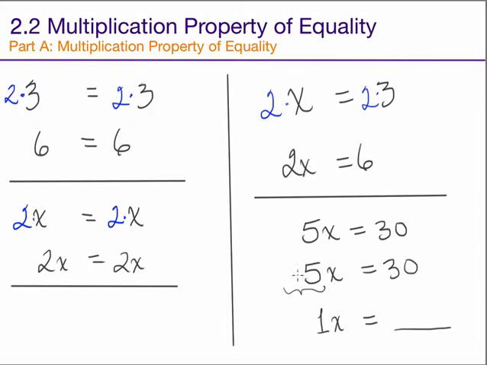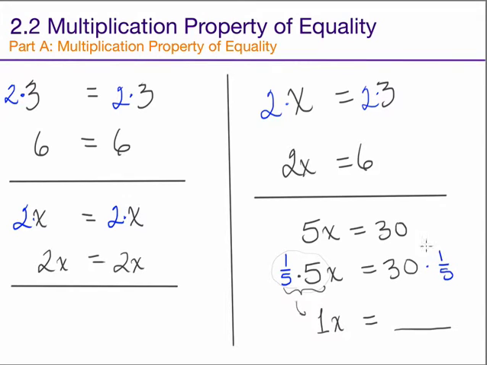The number that I need to multiply by 5 so that the result of that multiplication is 1 is the number 1/5. If I multiply the left-hand side of my equation by 1/5, I must also multiply the right-hand side by 1/5. Now I have the 1 that I want. 1/5 of 5 is in fact 1.